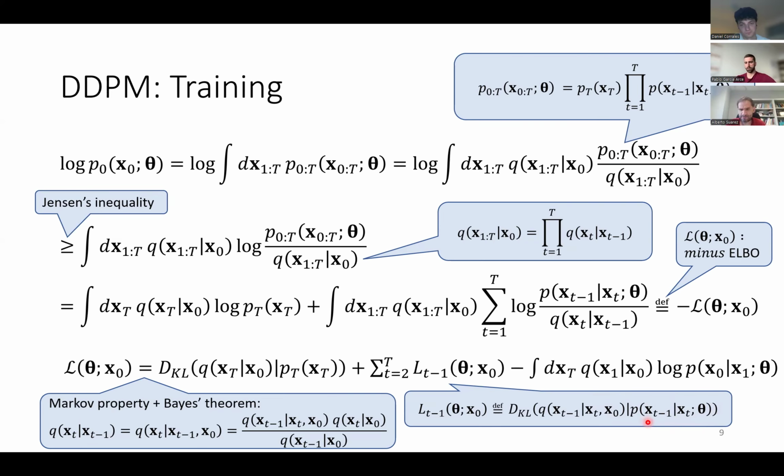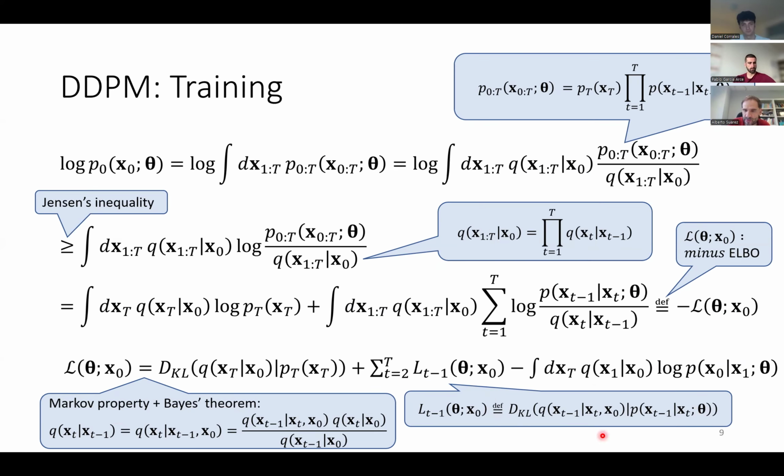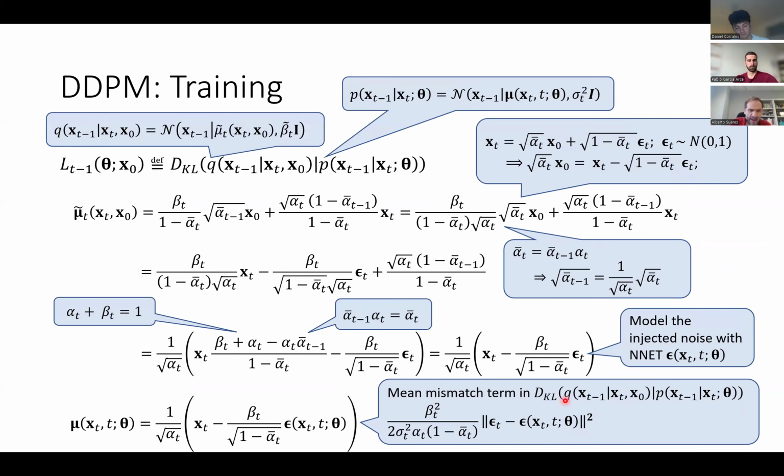Now, if you go through the mathematics, basically you want this quantity mu tilde, which is the exact one, to be approximated by this other quantity, which is related to the model we had for the reverse process transition kernel. What's interesting is that if you look at mu tilde, it has this form.